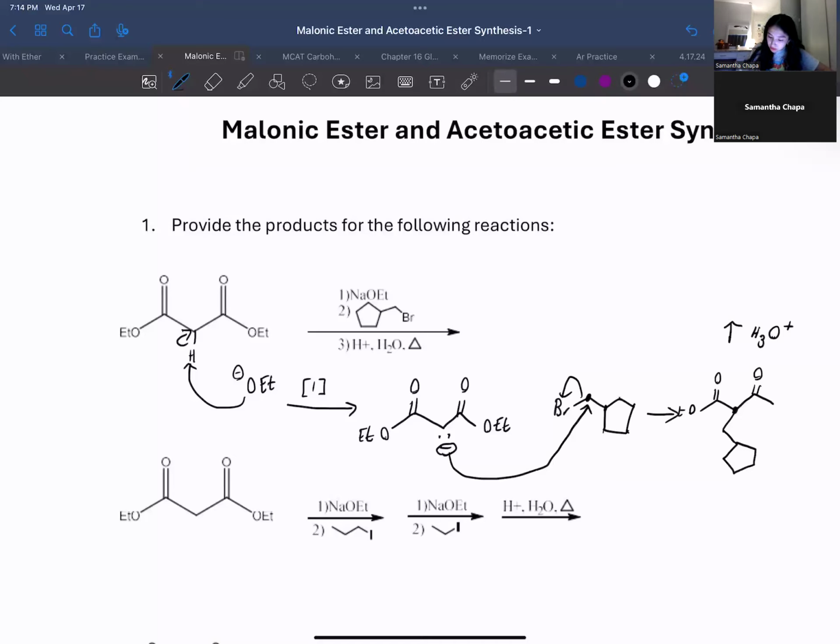Forgot to draw this out. So when they do hydronium ion, it's a hydrolysis reaction. So we're going from an ester to a carboxylic acid, and all of my esters are turning into carboxylic acids.